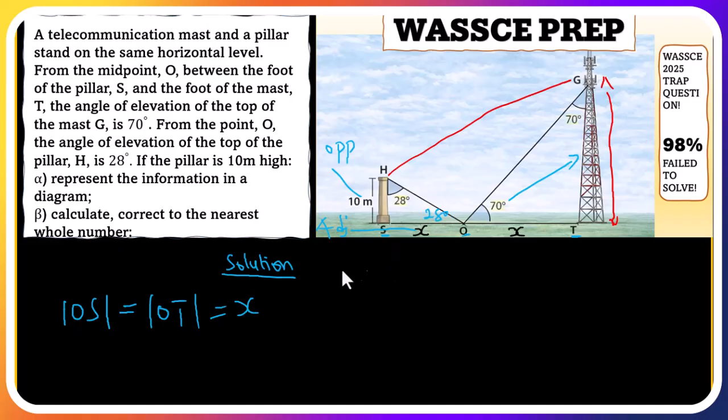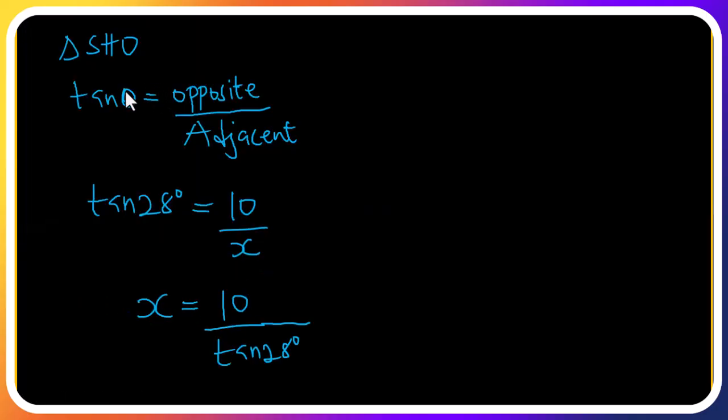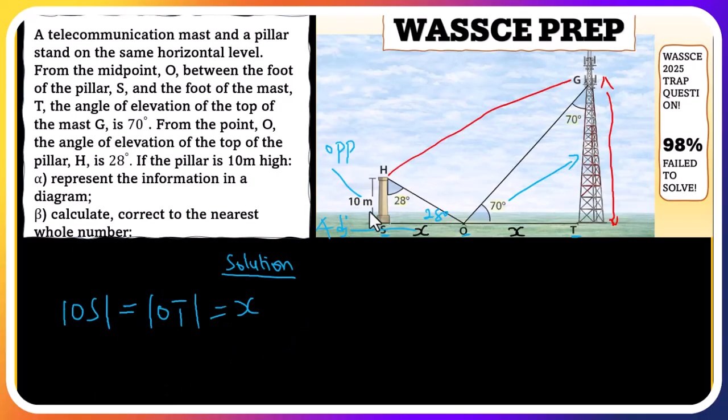Now the second mistake was also the trig ratio used. Most of the students used the sine, and that wasn't the actual ratio to be used because the information provided was the 10 meters, the height of the pillar, and the angle of elevation.